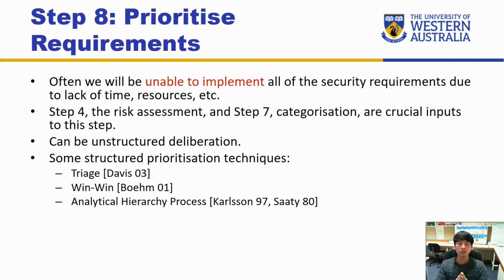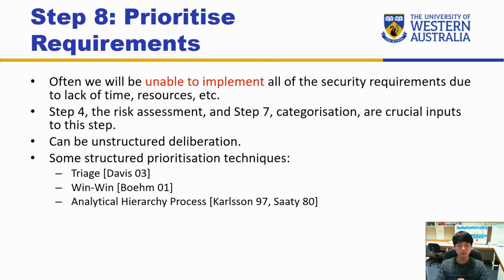Okay, so now once we have listed all the security requirements and categorized them, we can prioritize them. This is due to lack of resources and time, as often we're not going to be able to implement all of them. So using the information from step 4, the risk assessment, and step 7, the categorization, we can try to prioritize some security requirements that we have generated.